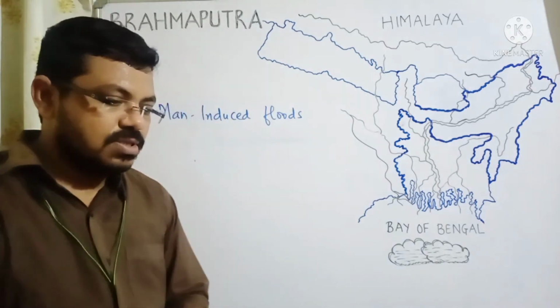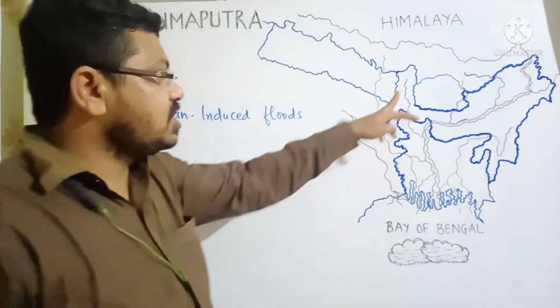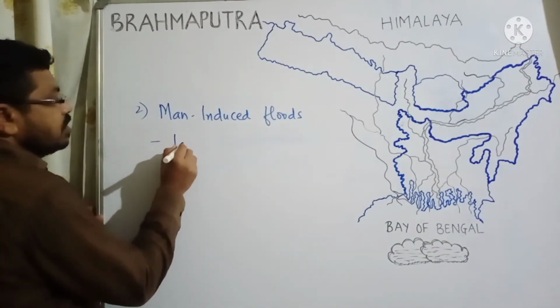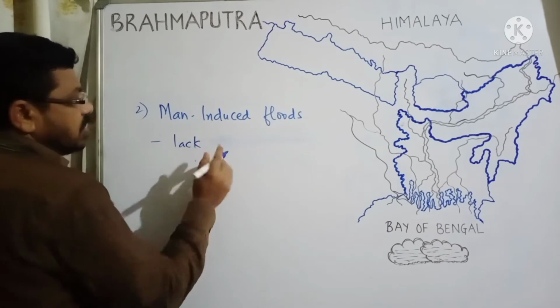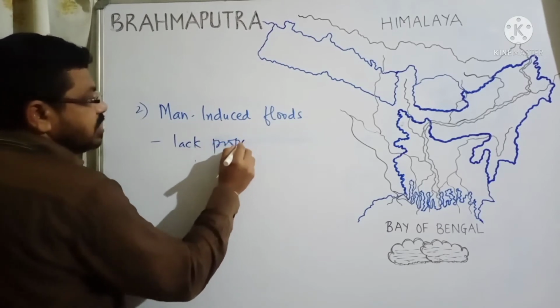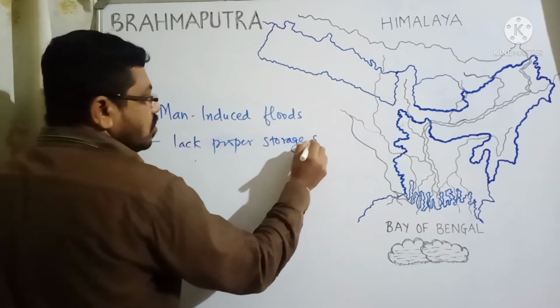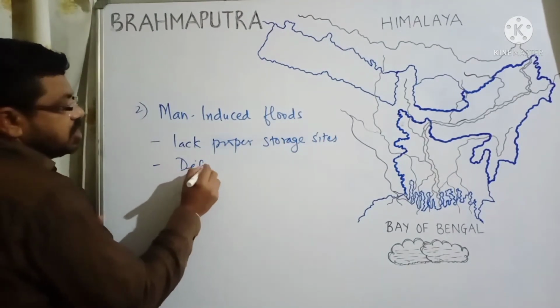So what are those human activities? Right now in this region, you will find that there is a lack of proper storage sites. Okay, a lot of deforestation in this region.